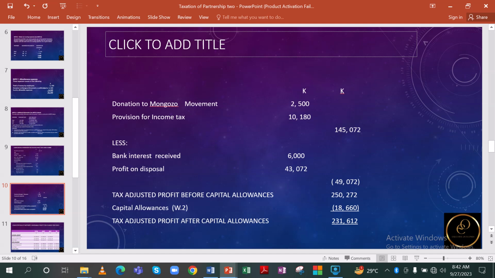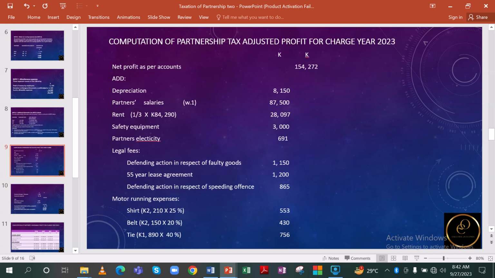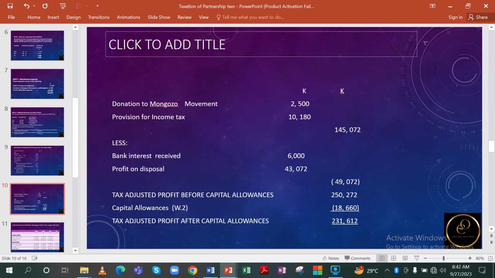That is the total of expense additions, the total of additions. Then there are also other things which are disallowed income.